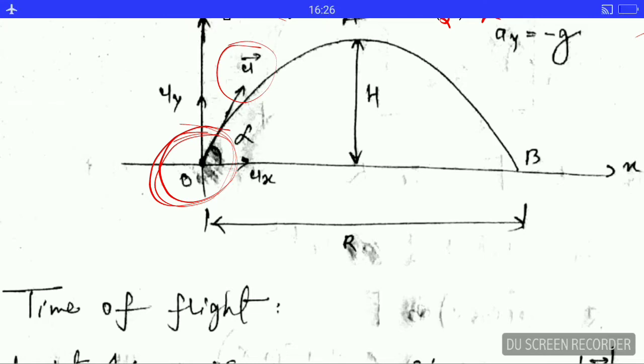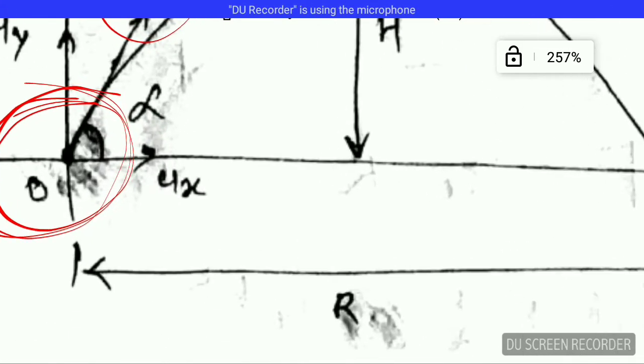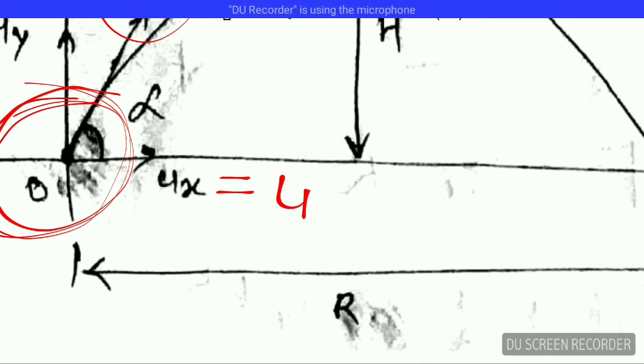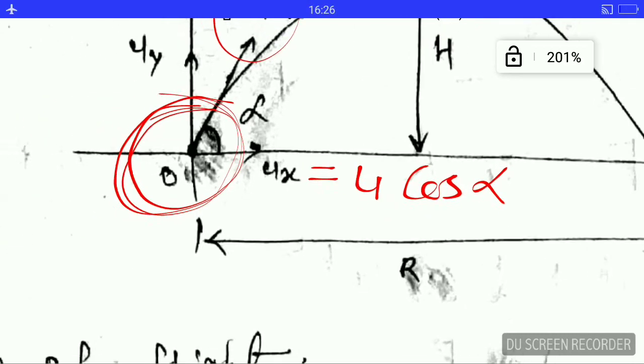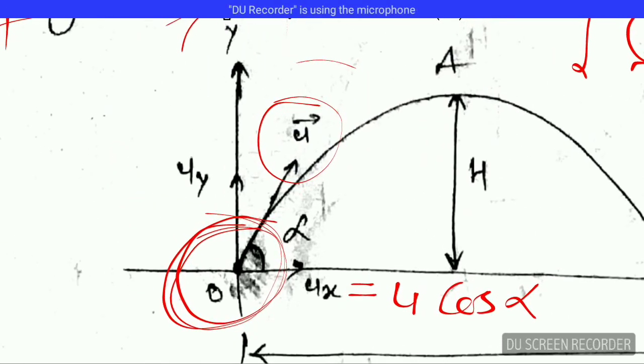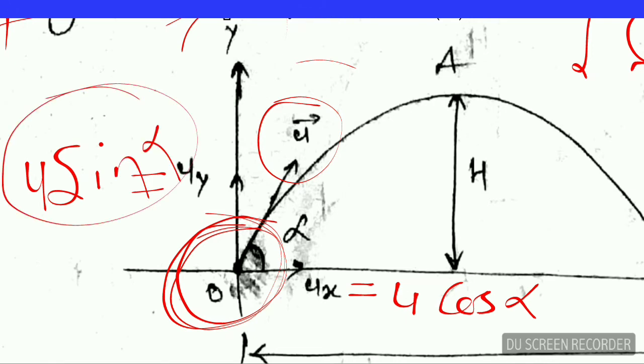The initial velocity in the x direction will be ux, and by trigonometry ux should be equal to u cos alpha. The initial velocity in the y direction will be u sin alpha. It is the initial velocity along the y direction.